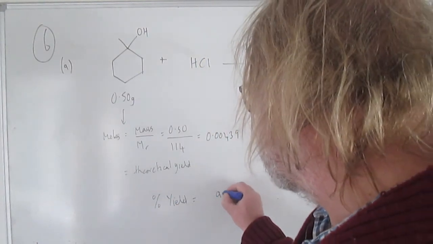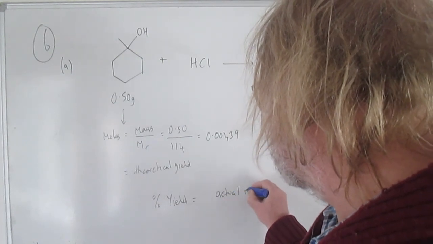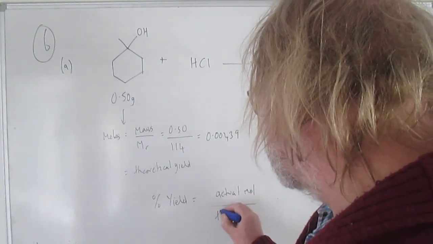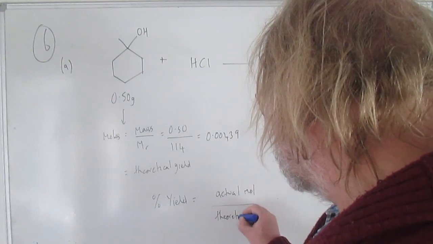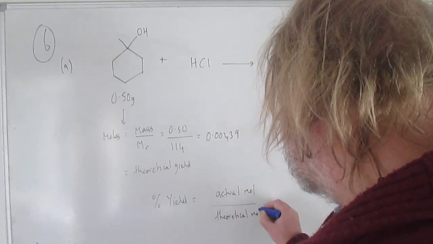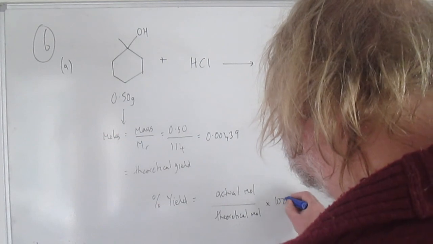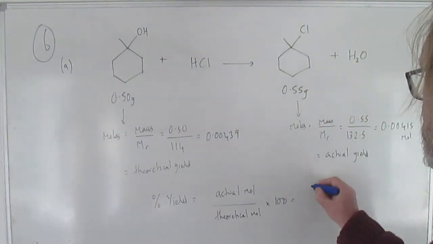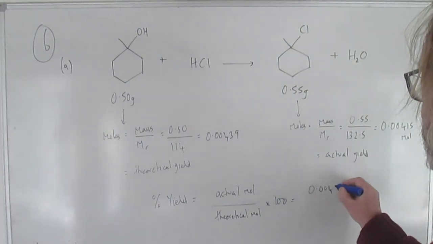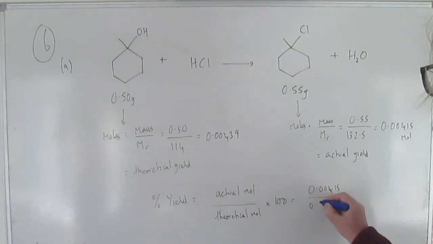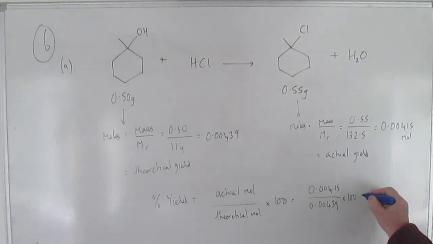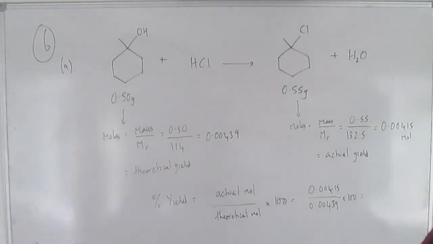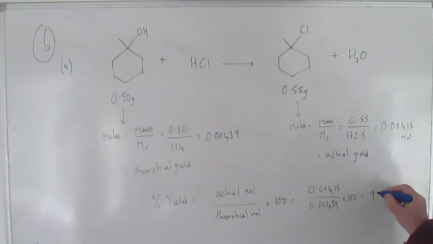So percentage yield is actual moles over theoretical moles times 100, which is 0.00415 over 0.00439 times 100, which is 94.5%. Okay, so quite a respectable percentage yield in that case.